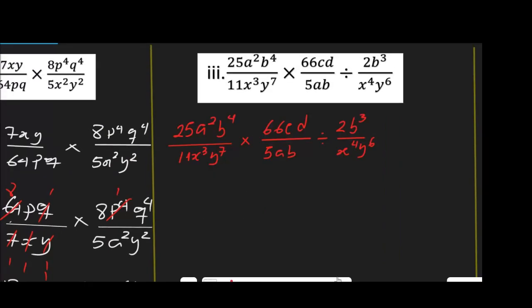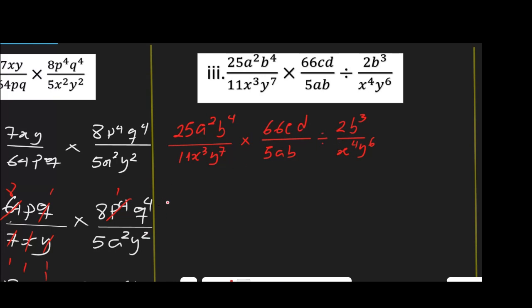Okay, so this one is similar to the previous one. So let's see how we simplify this one. So we have 25 a squared b exponent 4, divided by a whole lot of stuff here. So let's begin. We have a division sign here, so we have to change this one to multiplication.